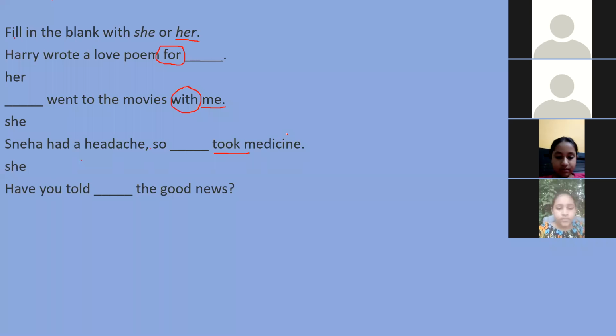Bhavesh, you please tell me which pronoun will come here. Sir, her. Have you told her the good news? Because told is a verb, and after the verb, we need to mention objective case pronoun. That's why her is right here.